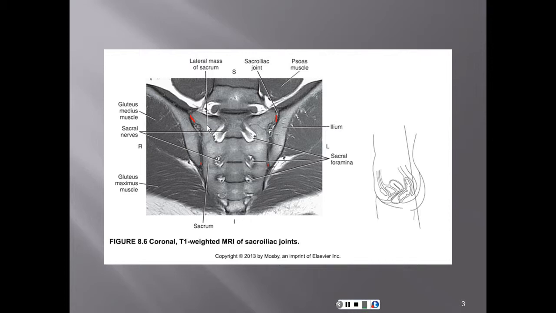So you have the sacrolateral mass, sacral foramina, and the nerves that traverse the foramina, the gluteus medius muscle. You have the gluteus medius muscle up there, and you have the gluteus maximus muscle.